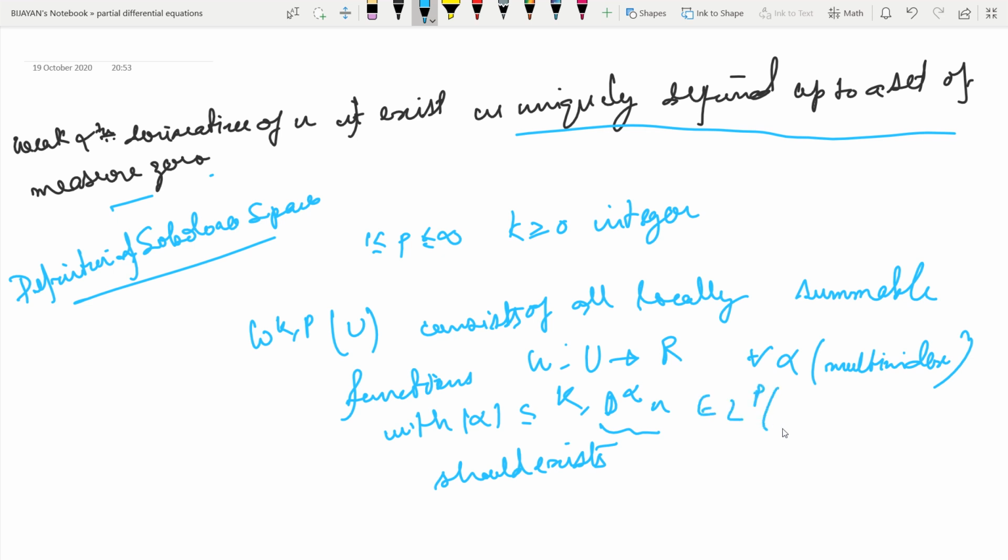Now this L^p(U) is used very often in the measure theoretic basis of real analysis, and the reader should be well equipped with this.